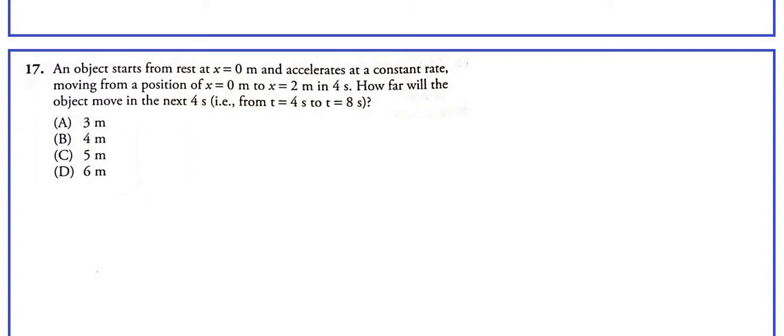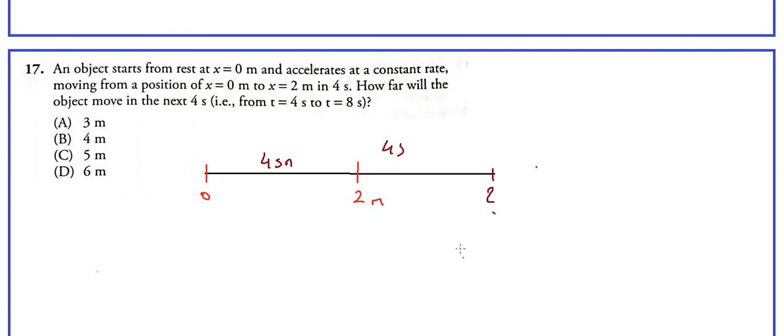So for this question, let's make a line, and our object is starting from the 0th point here and moving to 2 meters here in 4 seconds. And we would like to know where the object will be another 4 seconds later.